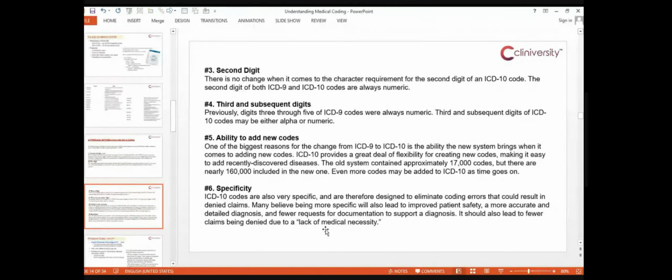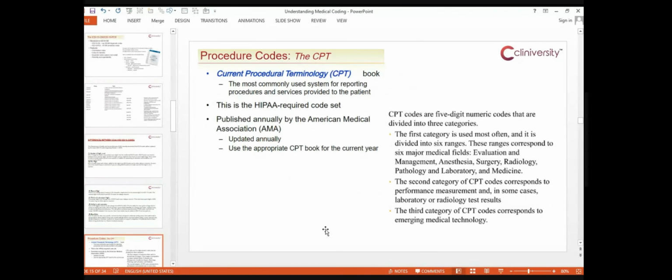So to prevent delay in the payment or billing process, or non-payment or denial of the claims, it is mandatory that coding must be done accurately. Many believe being more specific will also lead to improved patient safety, a more accurate and detailed diagnosis, and fewer requests for documentation to support a diagnosis. It should also lead to fewer claims being denied due to a lack of medical necessity.